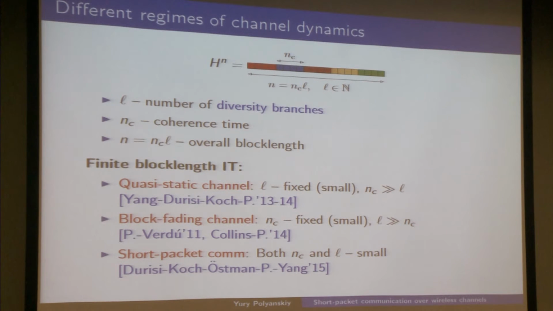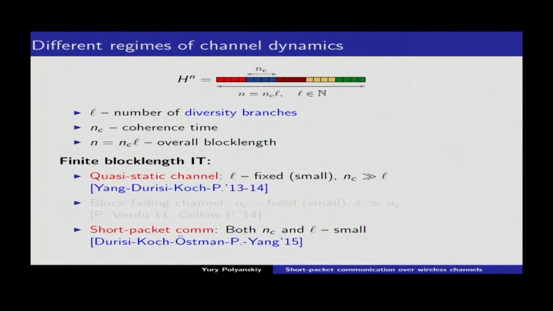And finally, just for fun, in the last couple of years we decided to see what our computational tools could give us for the case when both the coherence time and the number of diversity branches are small. I'm not going to talk about the second item, one reason being that Austin Collins presented it at the MIT wireless retreat a week ago, so this gives me an excuse.